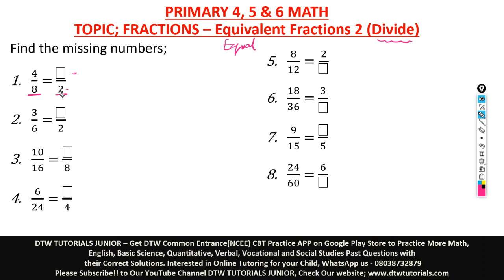In the multiplication one, there was an increment; if this was 8, this might be 16 or 10, greater than 8. But now you can see 8 is reduced to 2. Which operation reduces numbers? Division or subtraction, but here we're looking at division.